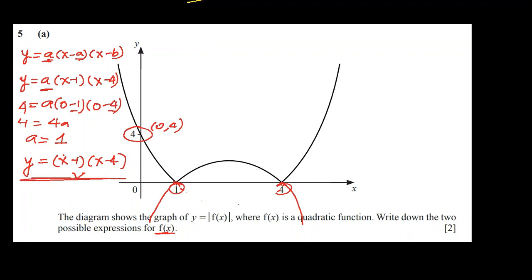So that second possibility of f(x), I wrote y here, you can write f(x) also, is the negative of what we got earlier. Everything else remains the same. So if you put an absolute value around this or around this, you'll get this black colored graph. So these are the two possibilities, this and this.